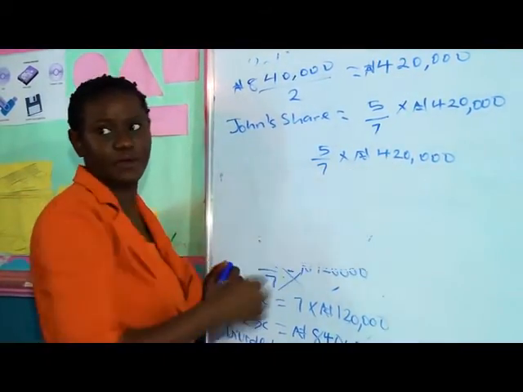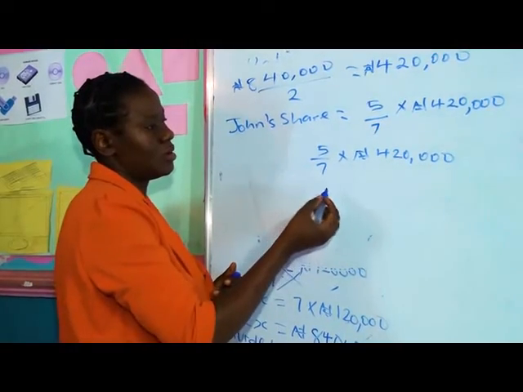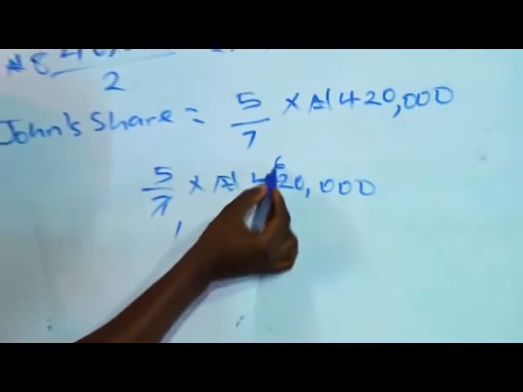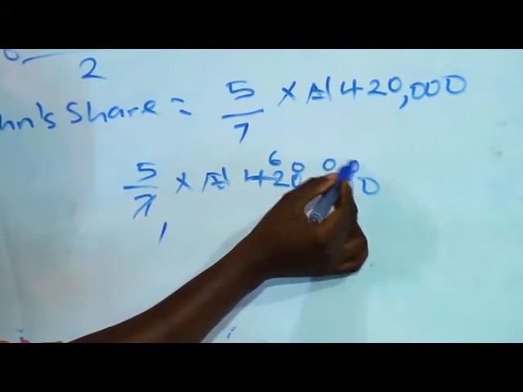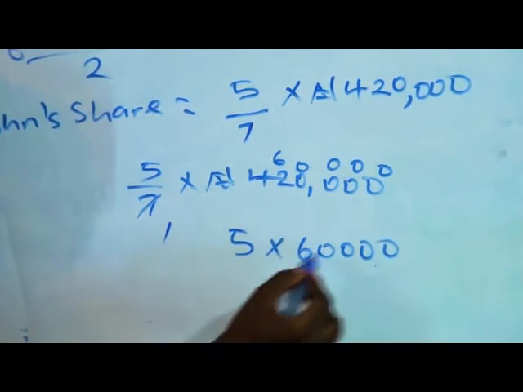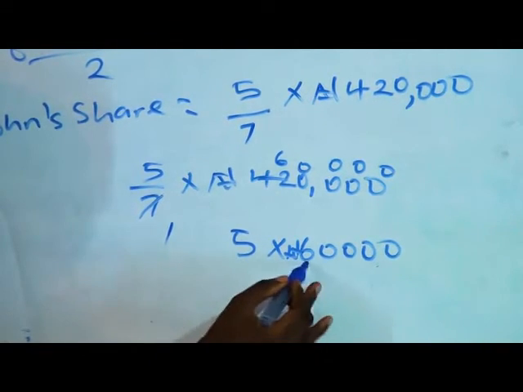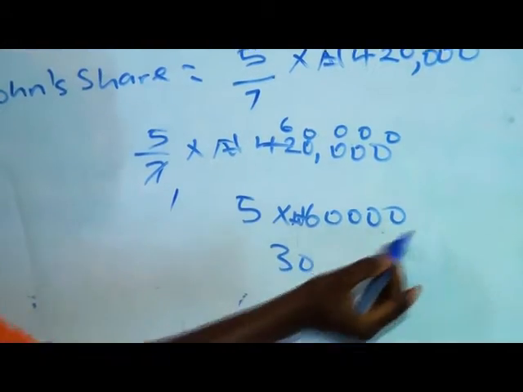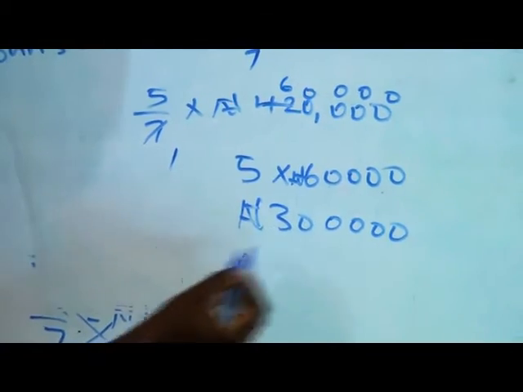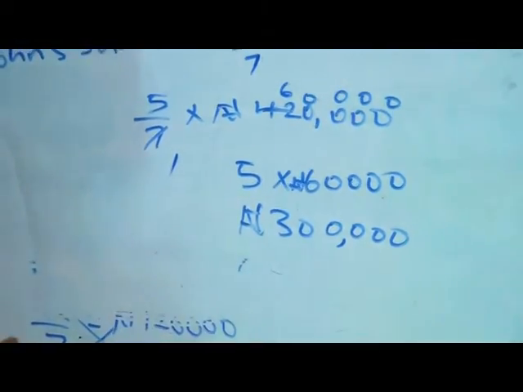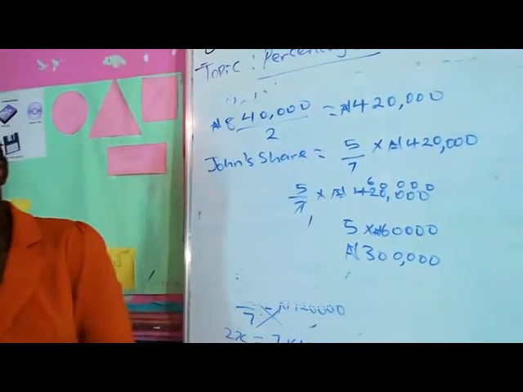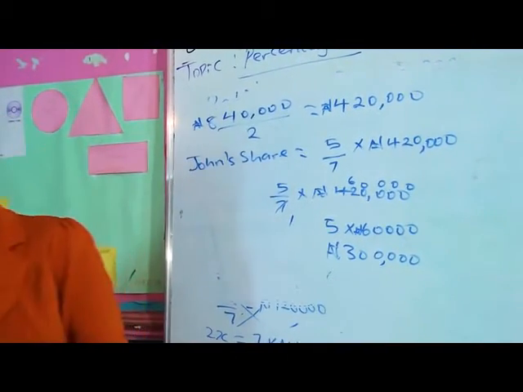How many 7 can we get in 42? 7 in 42 is 6, then 0, 0, 0, 0. So we have 5 times 60,000 naira left. 5 times 6 is 30, and these 4 zeros, 1, 2, 3, 4. So John's share will be 300,000 naira.